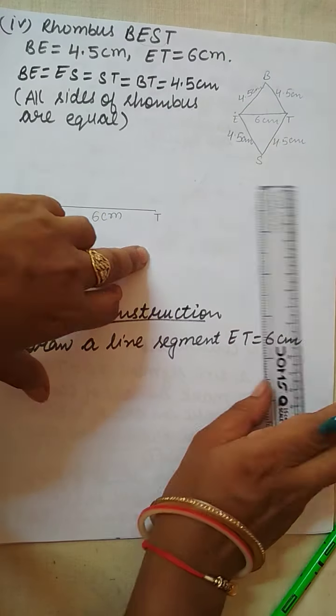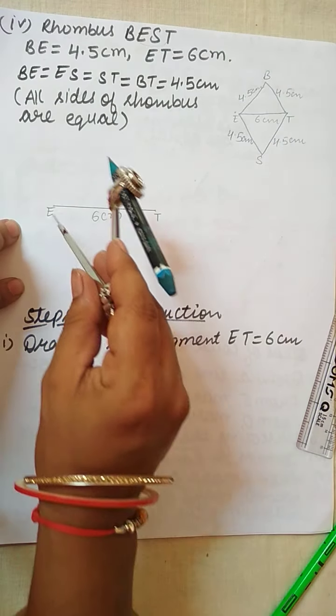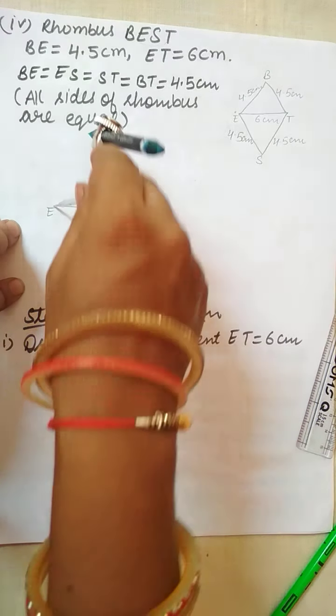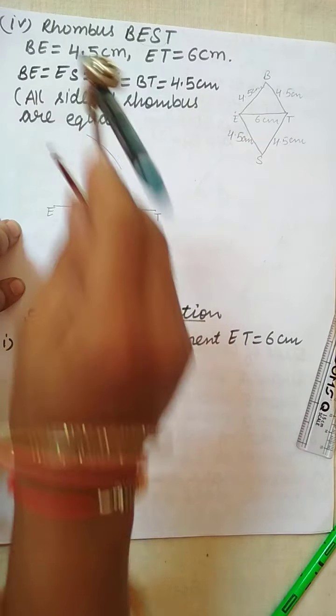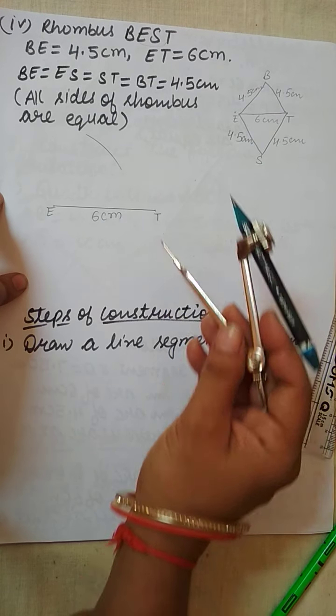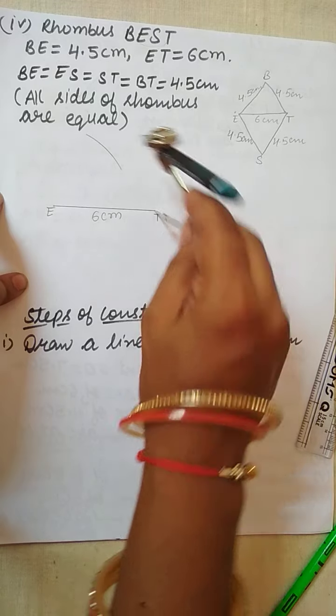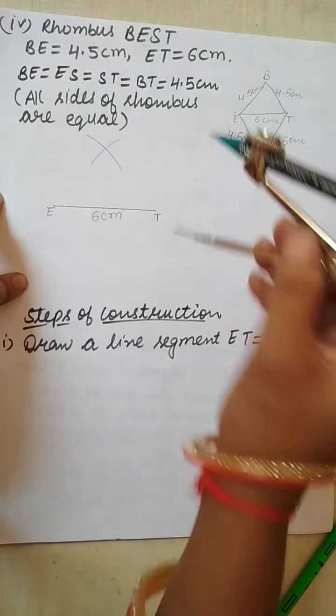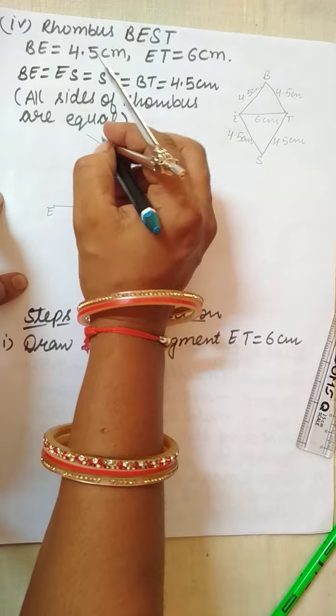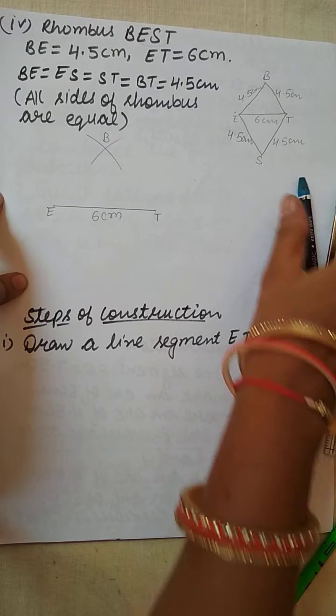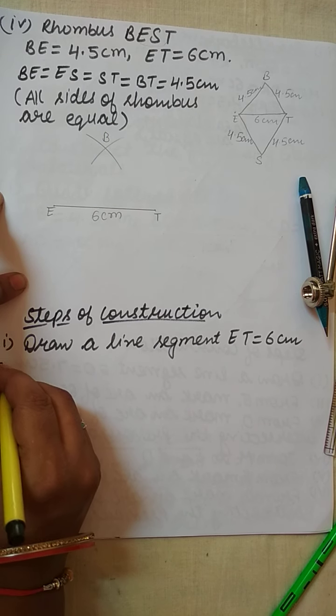Basically we have to draw all the arcs equal to 4.5 centimeter. From E we have marked the arc of 4.5 centimeter. Then from T mark the arc of 4.5 centimeter, and this point will be B. Now write down the step of construction.